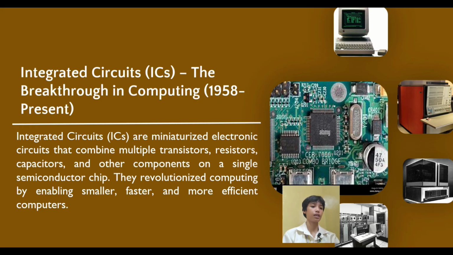They revolutionized computing by enabling smaller, faster, and more efficient computers. So if you take a look, this is actually a chip here. There are a lot of transistors here as well as resistors, and it's becoming smaller. It's just a chip.